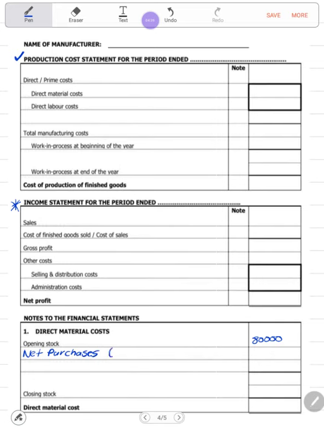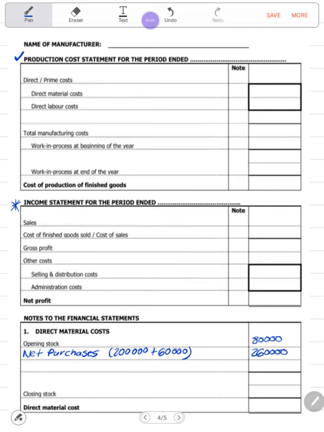So I'm going to open my bracket because I need to put in the calculation: 200,000 plus the 60,000. So in total, the net purchases is going to be 260,000 Rand.